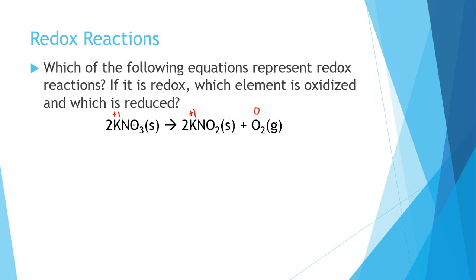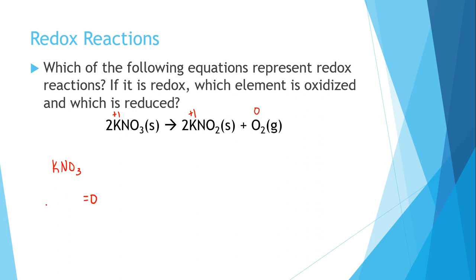So we need to figure what NO3 is versus NO2. Notice these are not the same polyatomic because this one has 2 oxygen and this one has 3. So we actually need to solve for these. KNO3. We're going to equal this to 0 because it's a neutral compound.